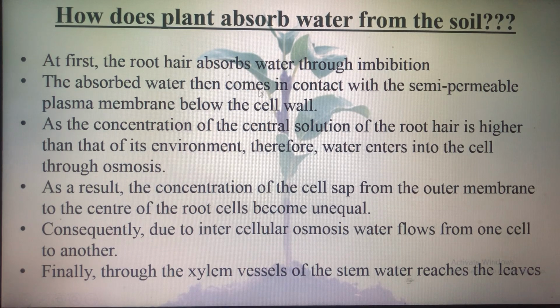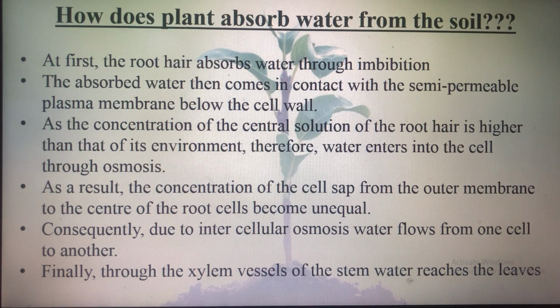Here is something that you need to understand: the central solution of the root hair, that means the cell sap present inside the root hair, has a concentration higher than that of its environment. I'm going to give you an example so that you can understand it better.